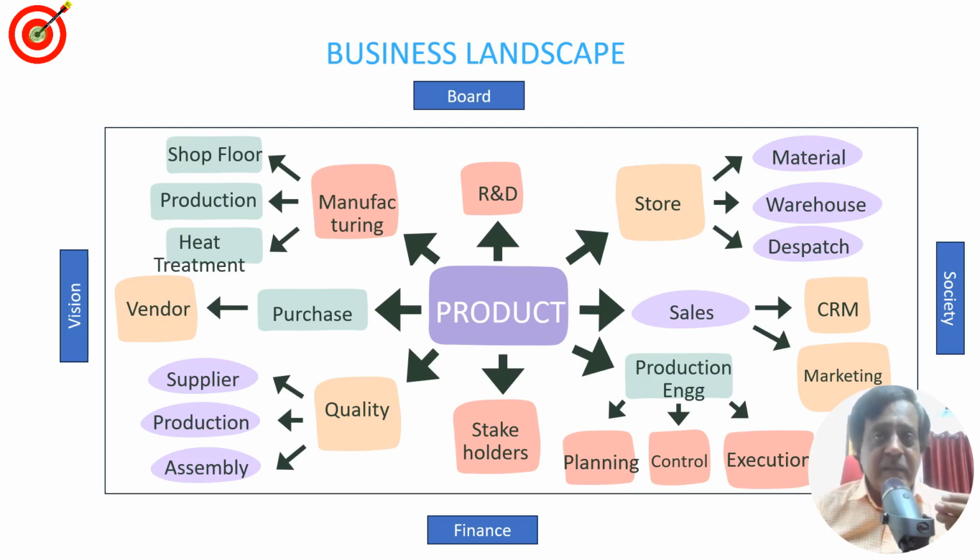and work in progress items you may have, and everything needs to be stored in a place called stores. It could be a material warehouse, material store, or a warehouse store, and then you will have a function to dispatch these items or these components appropriately.